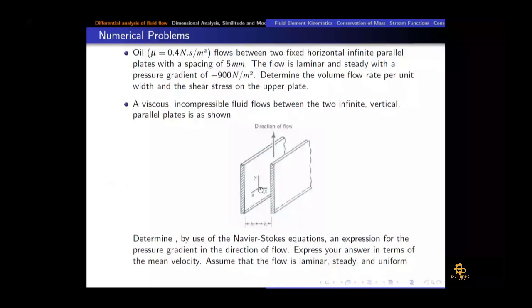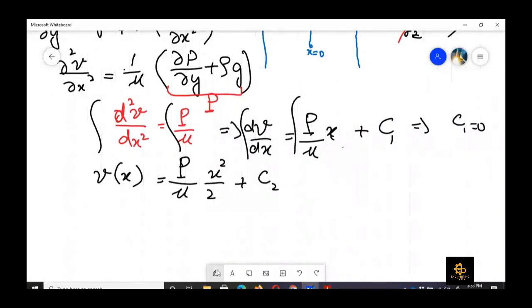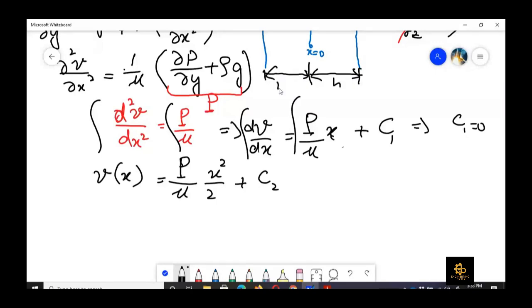If you look in this figure, if I show it here, this is also h. So I can write that v is equal to 0 at x is equal to plus h, or x is equal to minus h for that matter.